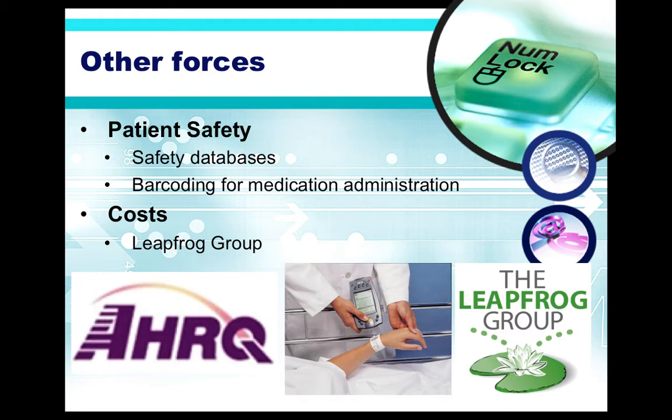One of the biggest initiatives that they've been part of that needs to interface with informatics, that you may be familiar with, is the barcoding for med administration. And although in the nursing homes where you're working now that may not be the norm, it probably will be within the next few years.